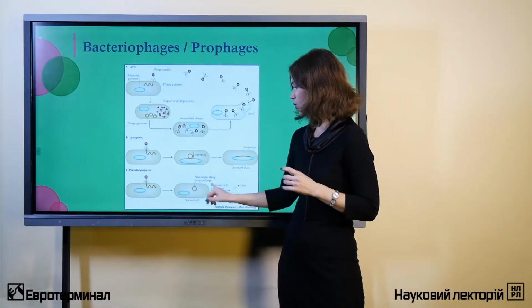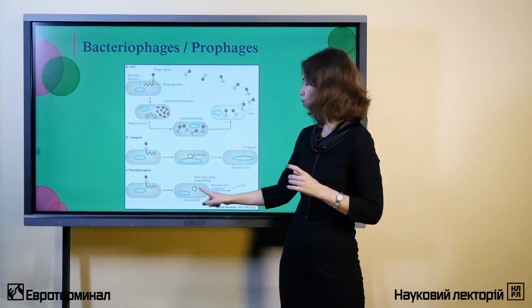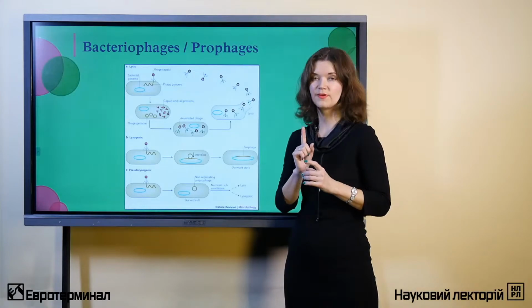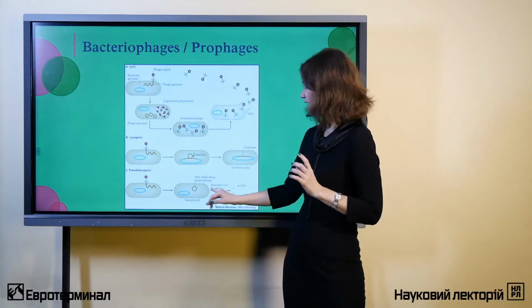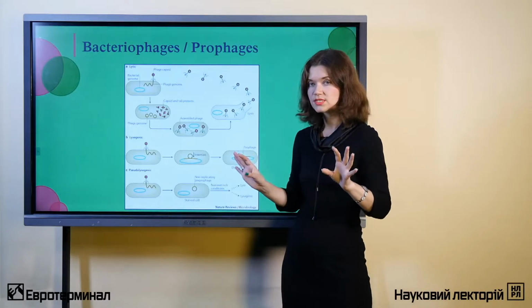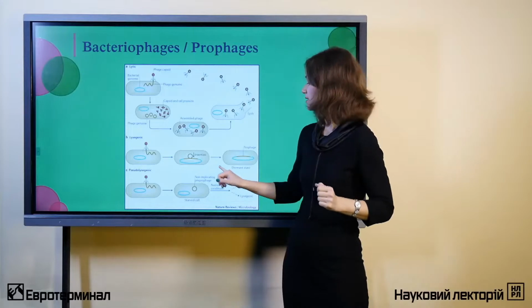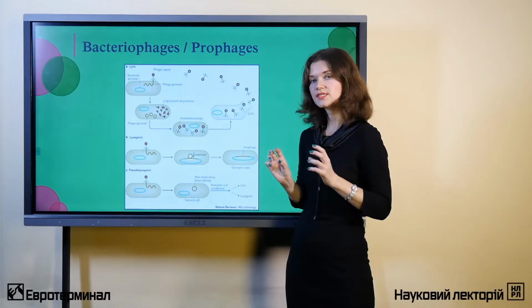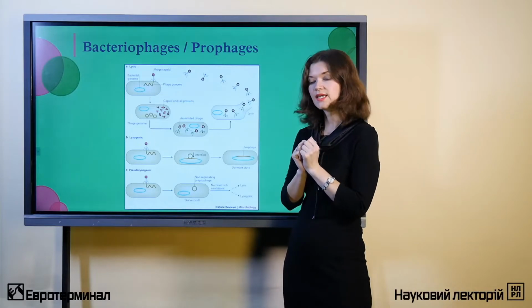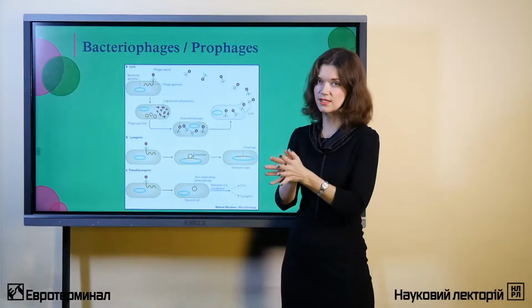When this cell divides, two daughter cells must acquire at least one copy of this phage plasmid, because if the daughter cell won't receive the copy, it will die. This phage encodes a toxin-antitoxin system. If the cell has the plasmid, it has both toxin and antitoxin, and it stays alive.